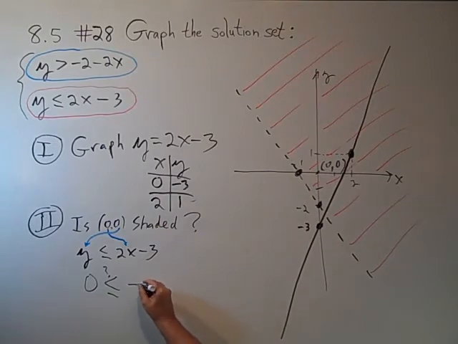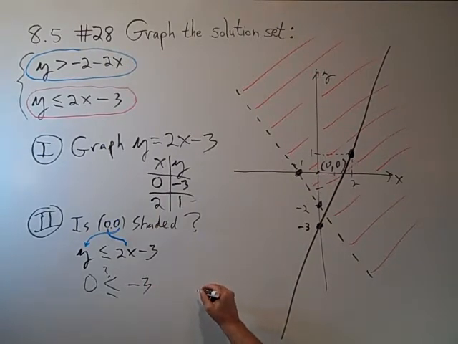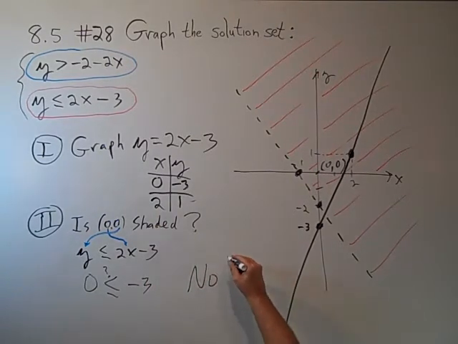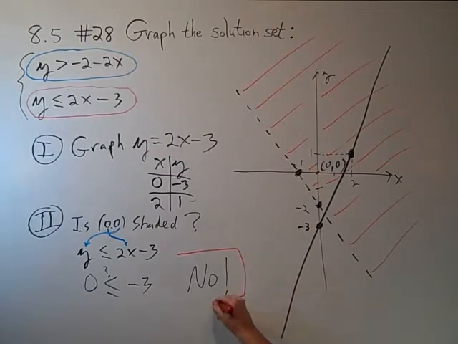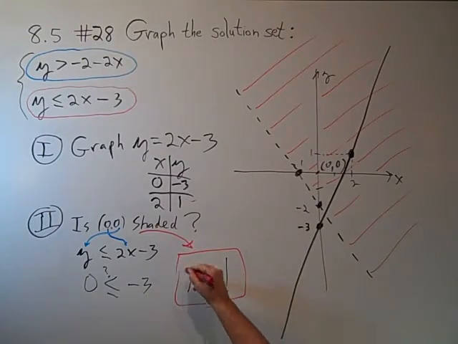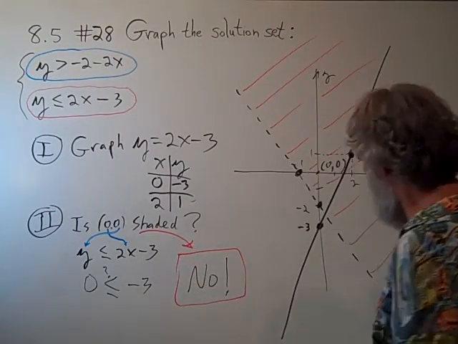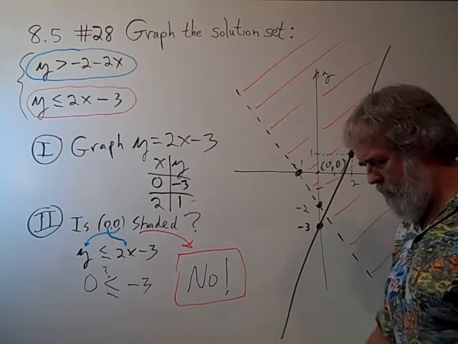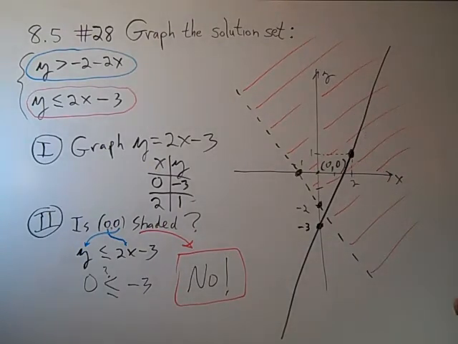Is 0 less than -3? No. 0 is bigger than -3. Therefore, the origin is not on the shaded side of this line. So it's the other side that gets shaded. Not the origin side, it must be this other side here that gets shaded.